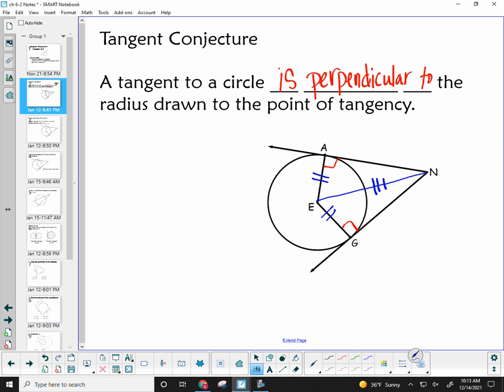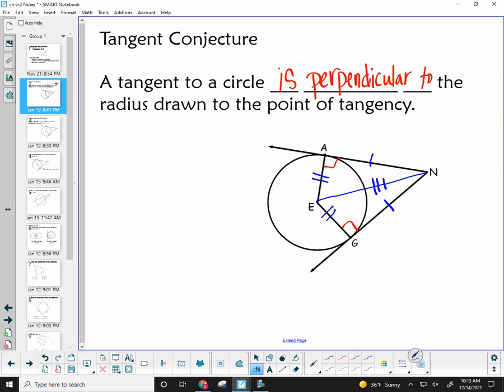So because it's a right angle, we have hypotenuse leg. So by CPCTC, then AN and GN are going to be congruent, which is what that last one was just talking about. So I'm trying to show you why that is. Does that make sense why they're congruent?